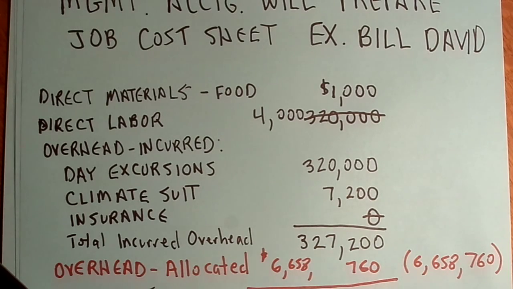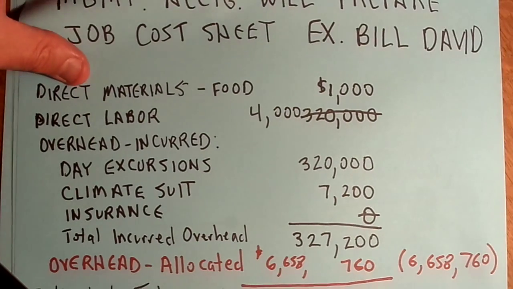If you add those in, I think they come up to $6,991,520. Now, I'm going to take the next few slides and show you how I got $6,658,760 as allocated overhead for Bill David. It's one of the more important parts of job costing.